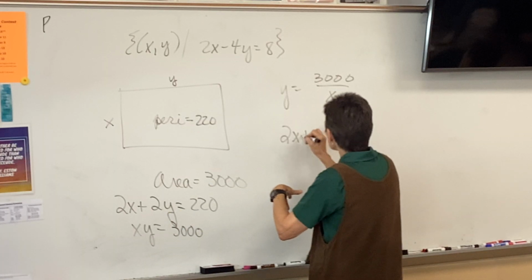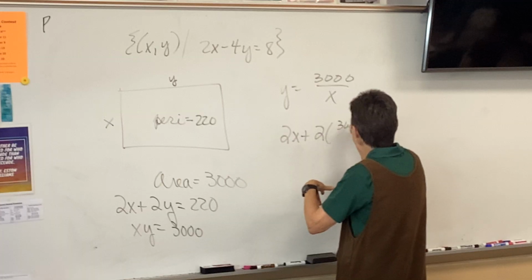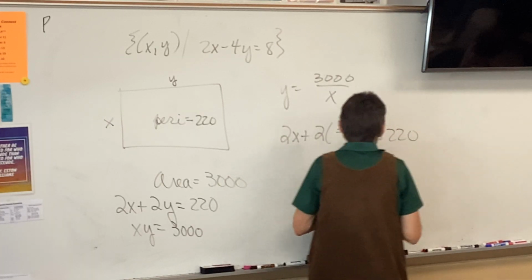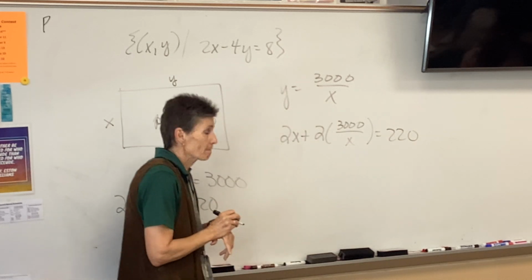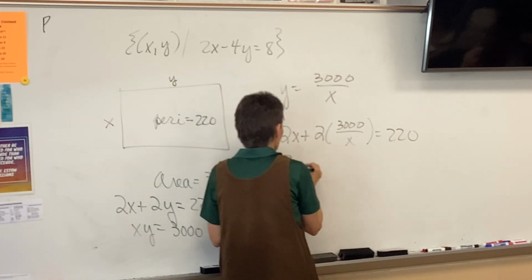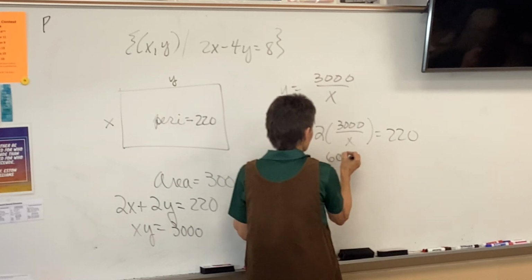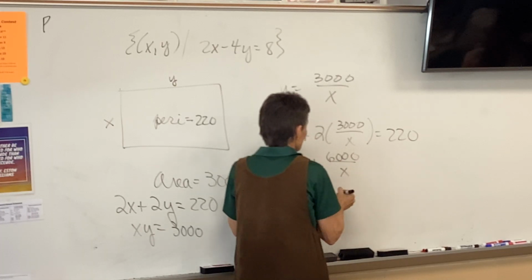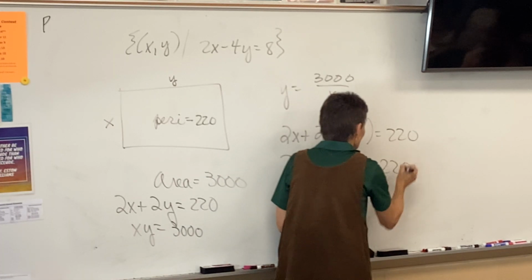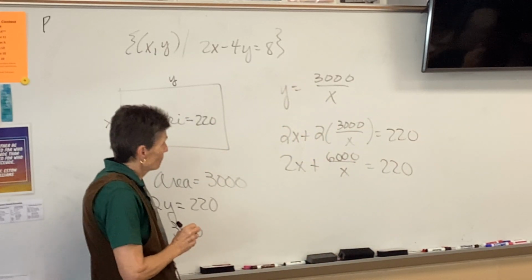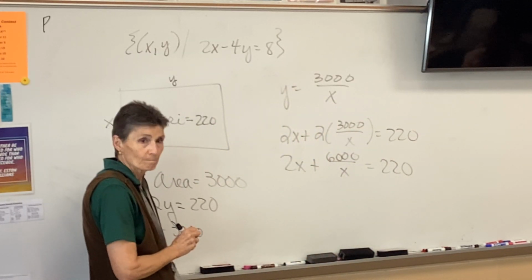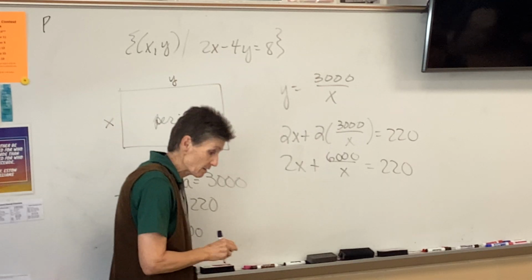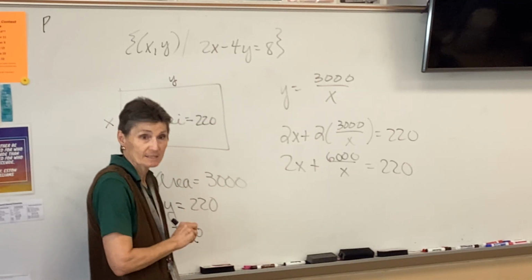So 2x plus 2 times 3,000 over x equals 220. Alright, so 2x plus 6,000 over x equals 220. Since I'm doing this algebraically, I'm going to clear out the x's.